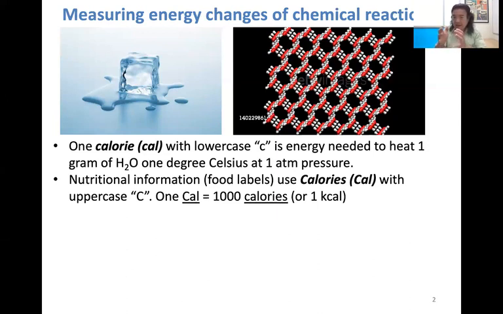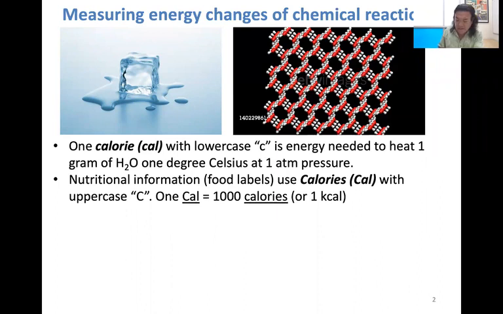Heat is energy that will cause the water molecules to start vibrating more and more and more. And at a certain point, the vibrations are intense enough to disrupt the very weak hydrogen bonds. And what do you think happens? Well, the water molecules fall out of this crystal structure, and that's how you end up with liquid water.